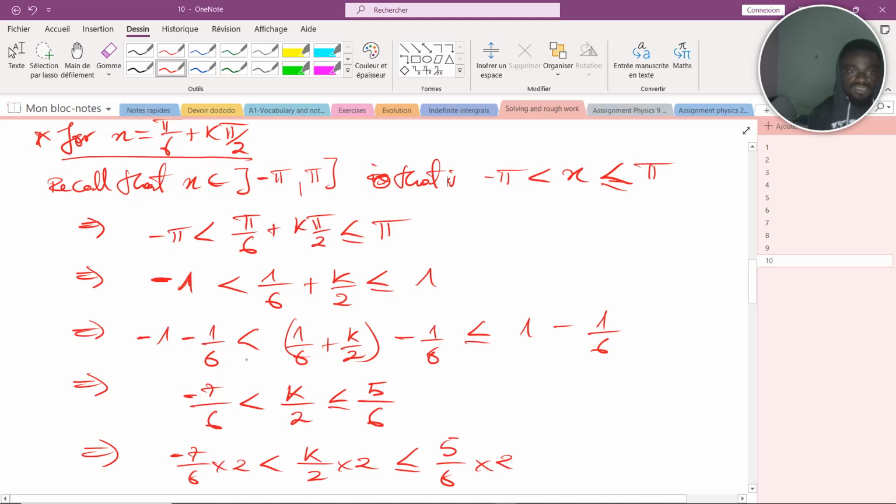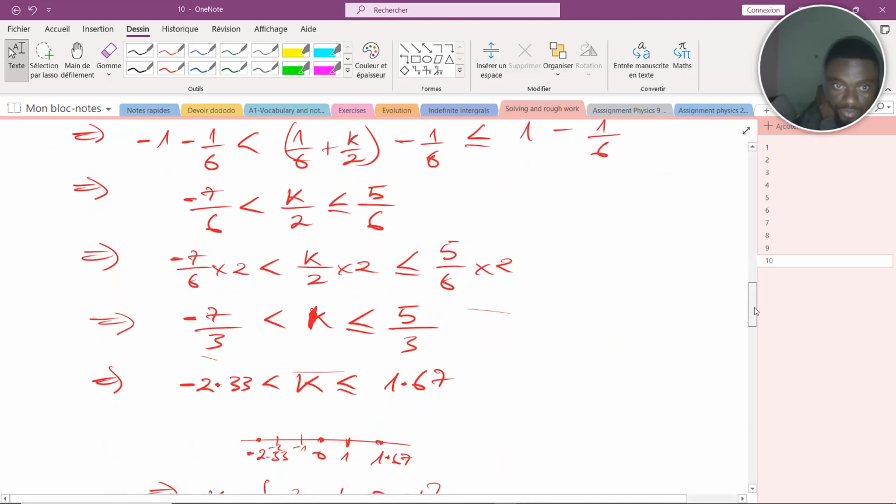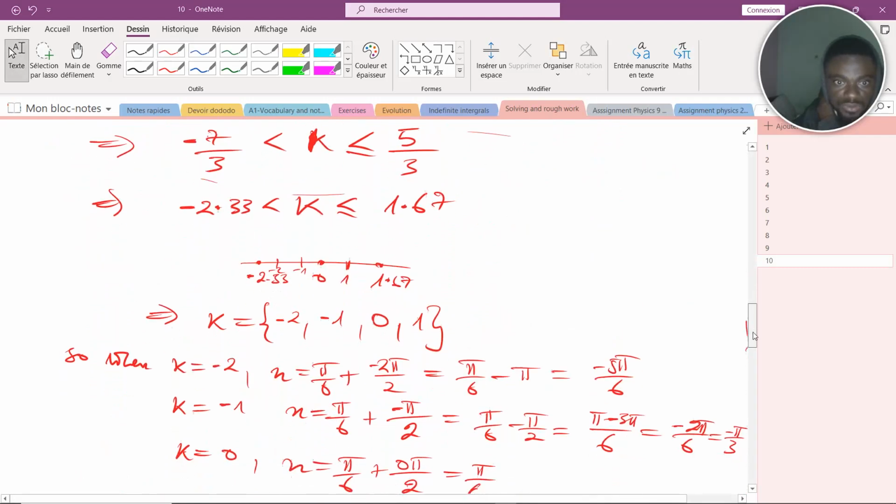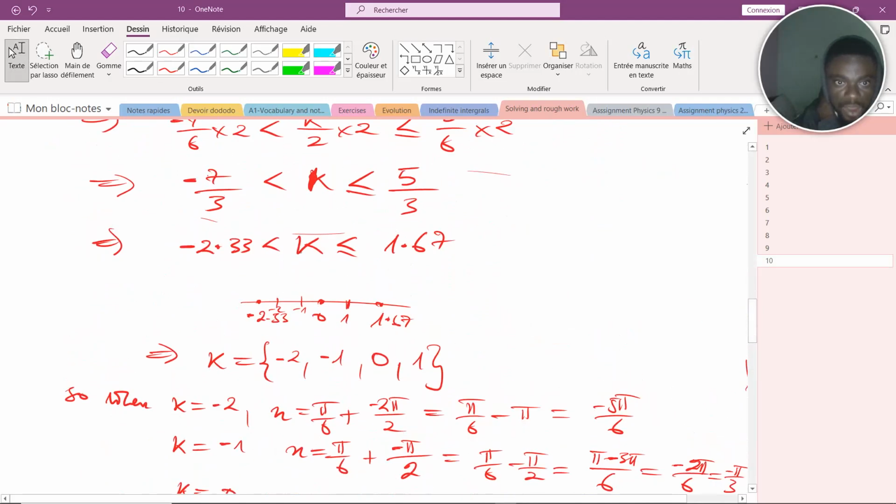Here we are subtracting a number, which does not change the inequality sign. I'll multiply this. Now I have my k between this and this. Is that okay? From there, you divide this by this and this by this. You have k between this.